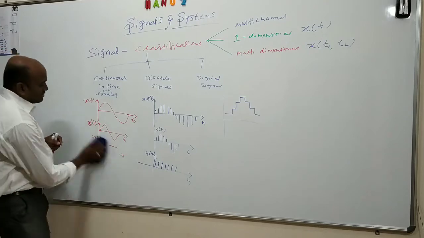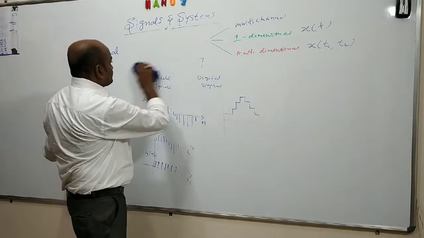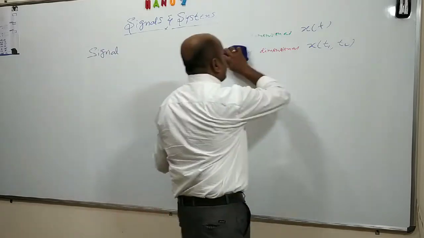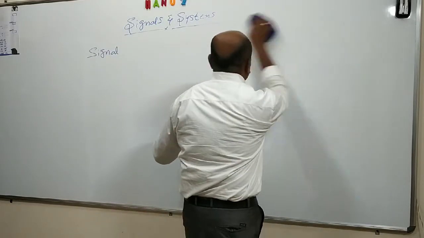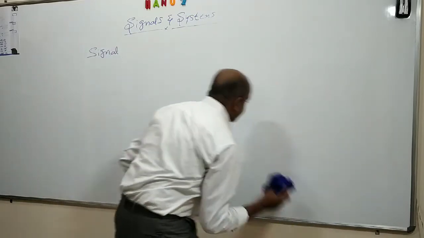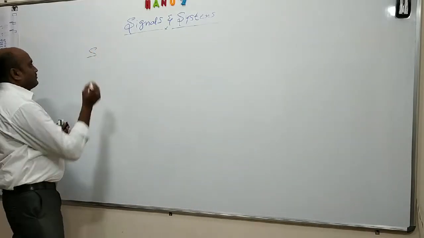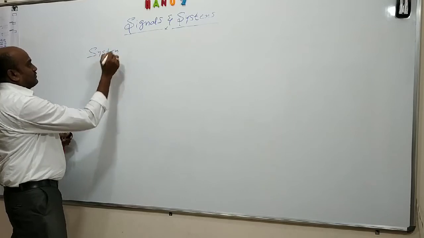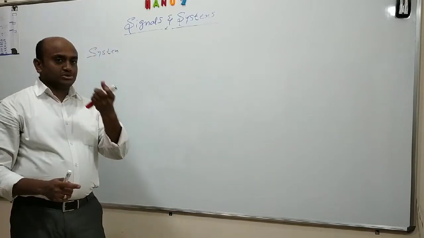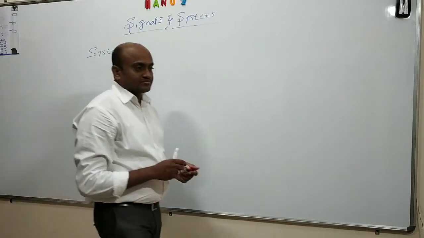Now let us move to the next topic, that is, what is a system? If the audio signal which is coming from my vocal cords through my mouth is weak and not audible to you, what could be the solution?